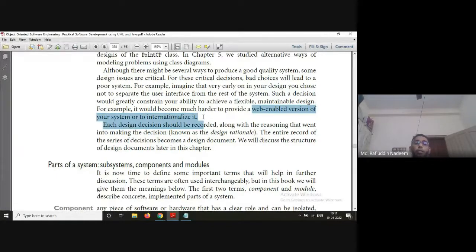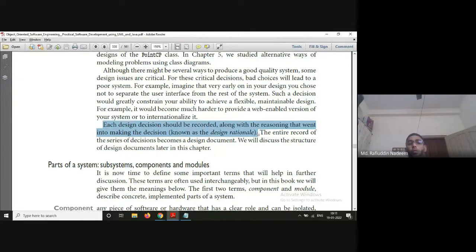Each decision should be recorded along with the reasoning for making the decision. This point I have already stressed earlier in the class: whenever you make a decision, it should have a proper rationale, the reasoning. Why did you make that decision? What made you choose that particular option? That is also very important.